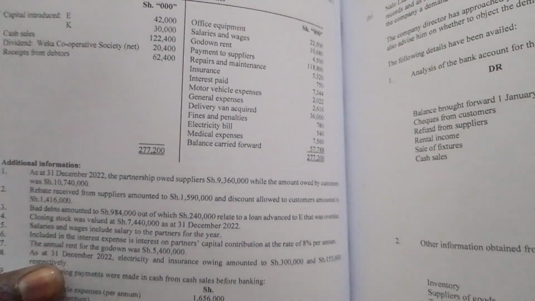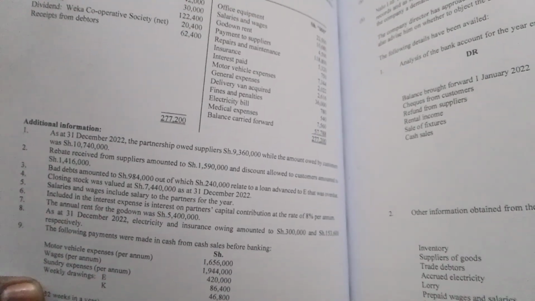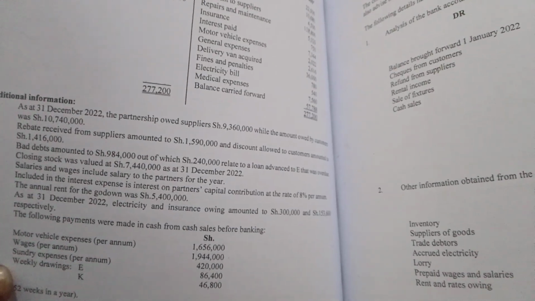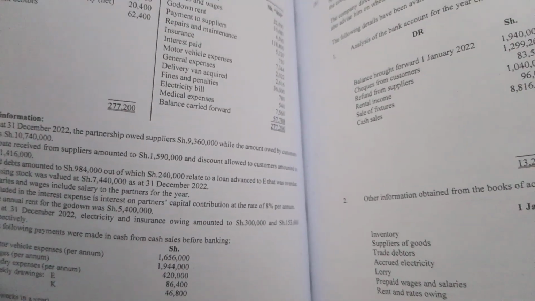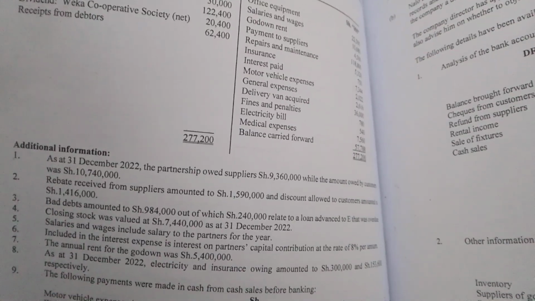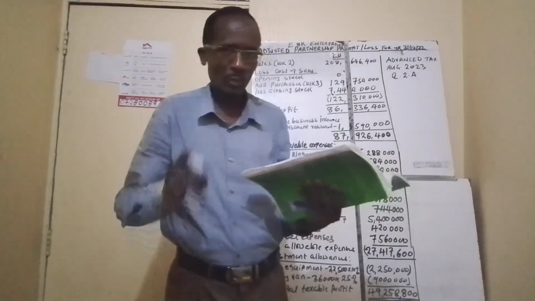You can see that. Then additional information, number one, is that as at 31st December 2022, the partnership owed suppliers shillings 9,360,000, while the amount owed by customers was shillings 10,740,000. So additional information number one is telling us that as at 31st December 2022, remember this business started on 1st January 2022.